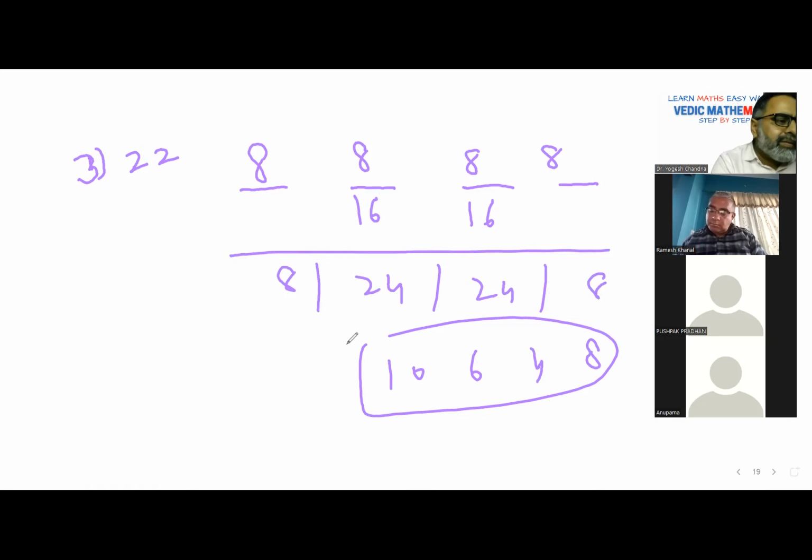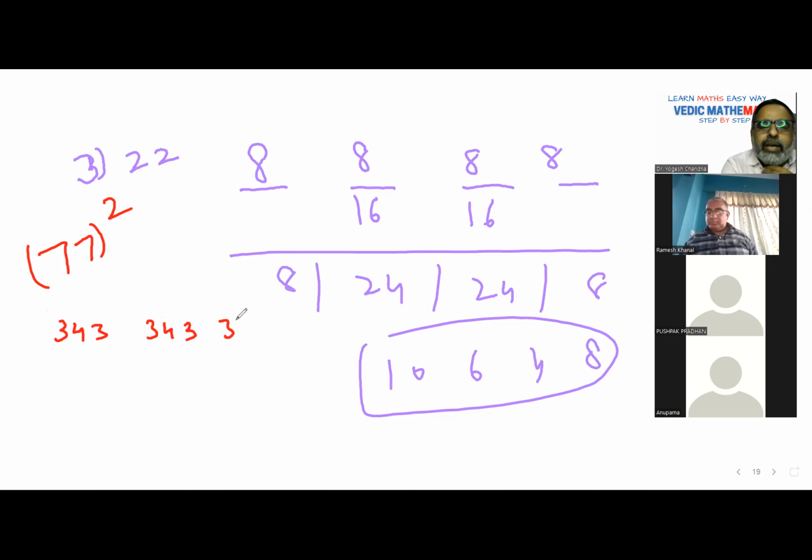Any other number? Seven. What is the cube of 7? 343. So you write 343 at all positions.